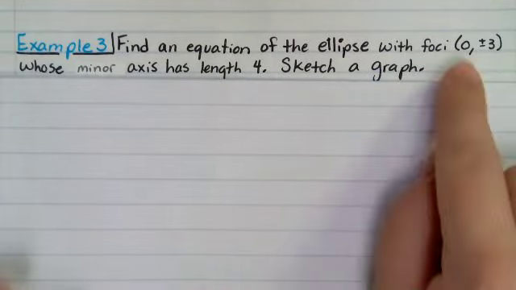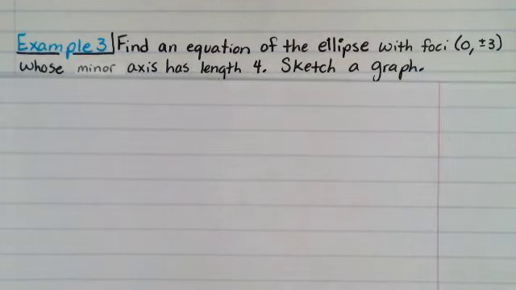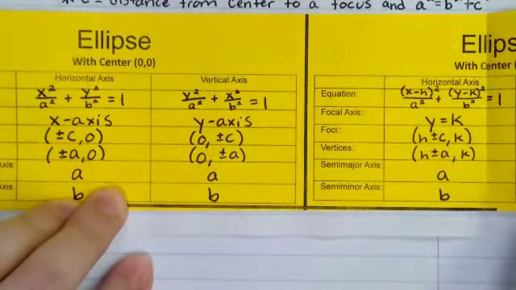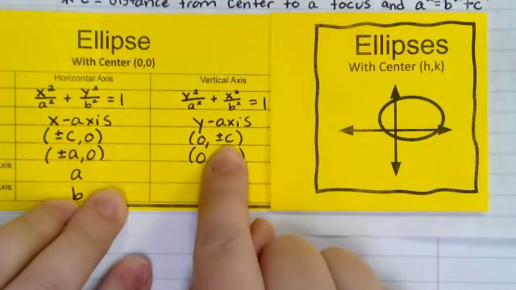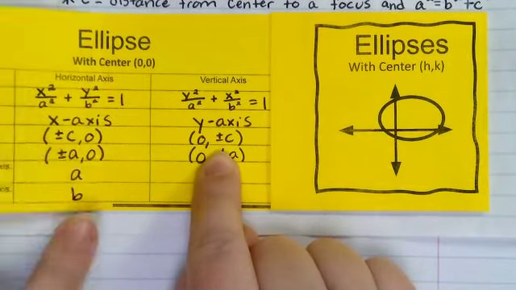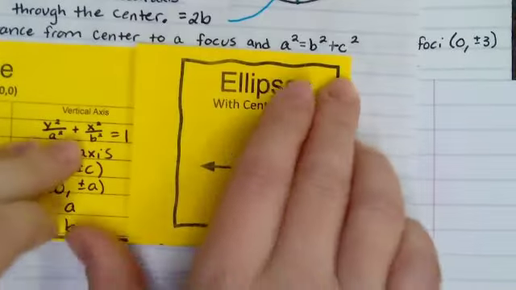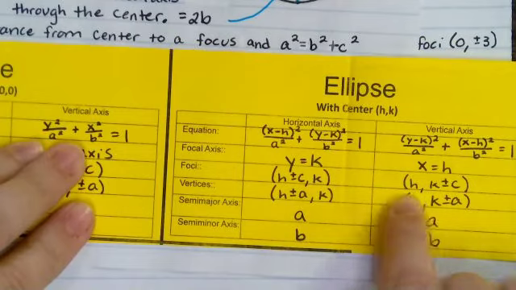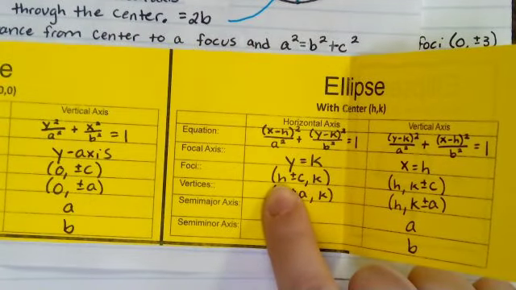Now, when I see that the foci is 0 and then plus or minus 3, and then I look at my equations and I think, okay, which one of these things is that more likely to fit? Well, 0 plus or minus a number, that would put me at my center being 0, 0, and my vertical axis. That doesn't quite match the horizontal one. If you look at these guys over here, they don't show a 0 because this is trying to indicate that your center would be in a different location, right?